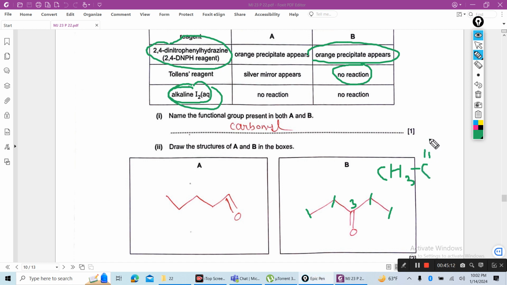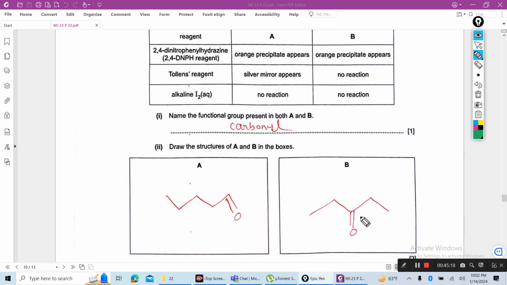This compound will give the iodoform test, but this gives no reaction. That means B is not a methyl ketone. This is CH3CH2, the ethyl ketone. That's why compound B does not give a positive test with alkaline iodine.